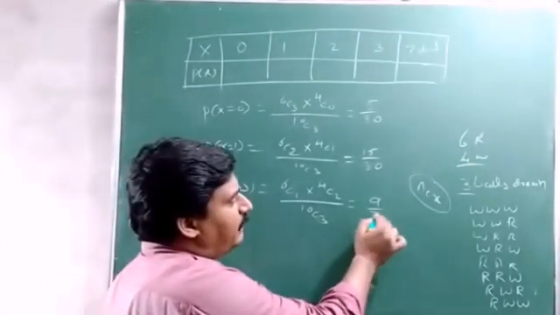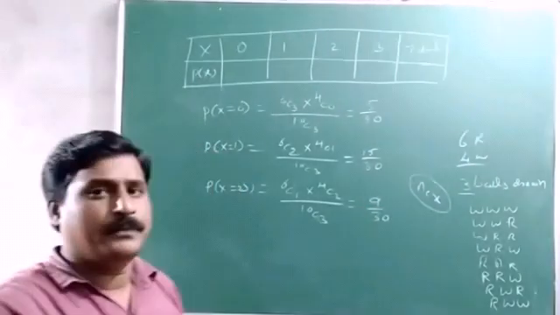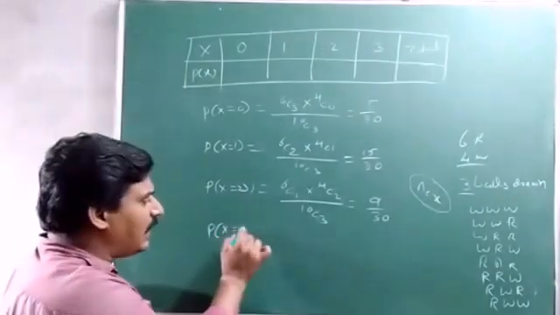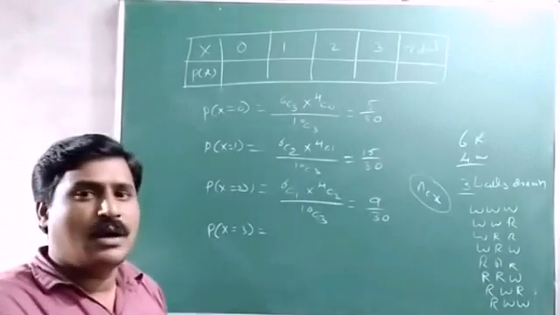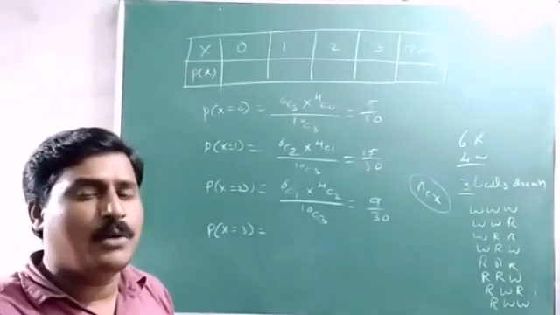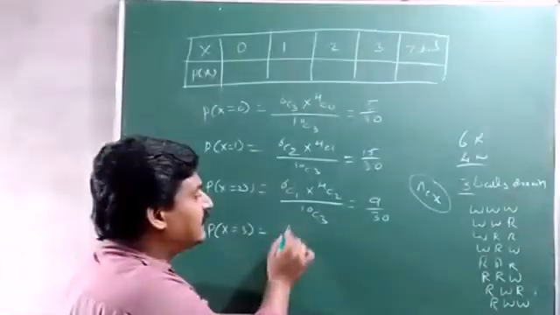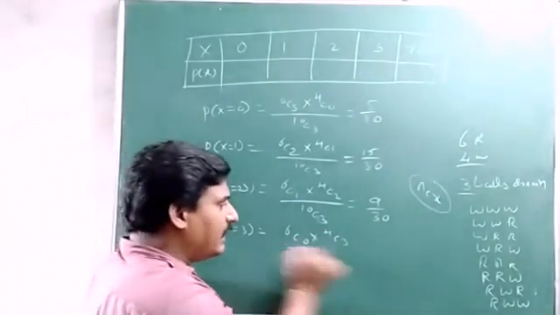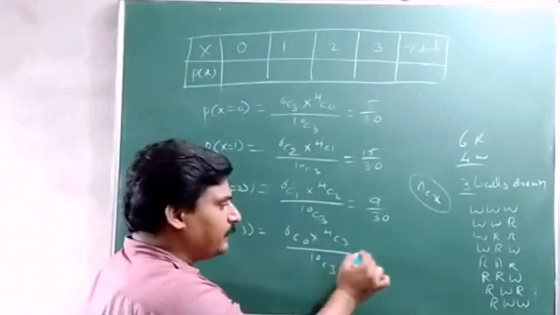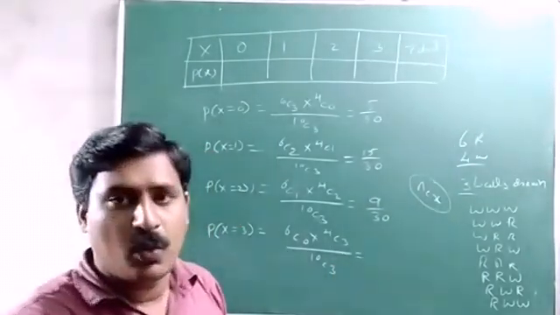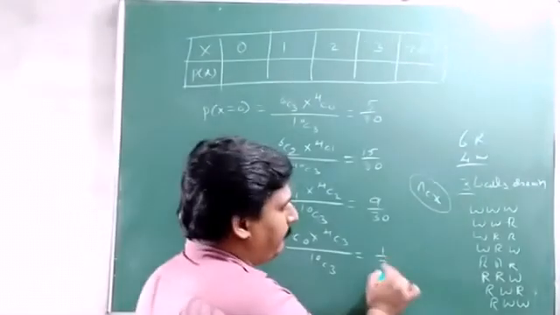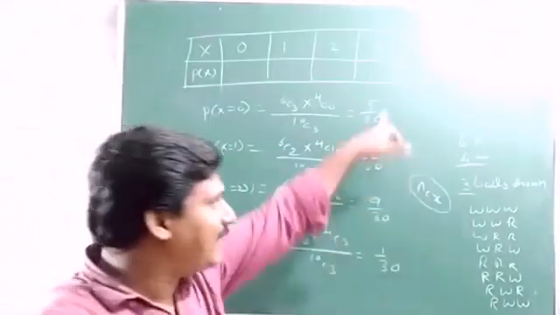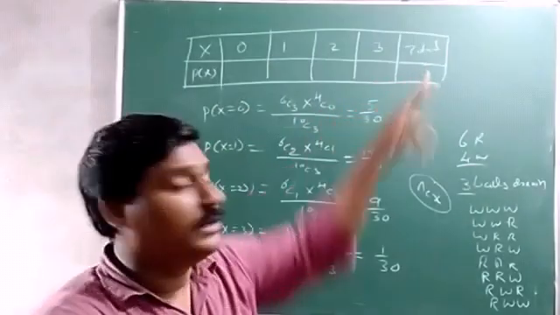And the last one, probability of getting all 3 white balls. All 3 white balls means red balls 0. So 6C0 into 4C3 divided by 10C3. That is, we get 1 by 30. So write the same probabilities in a distribution here.